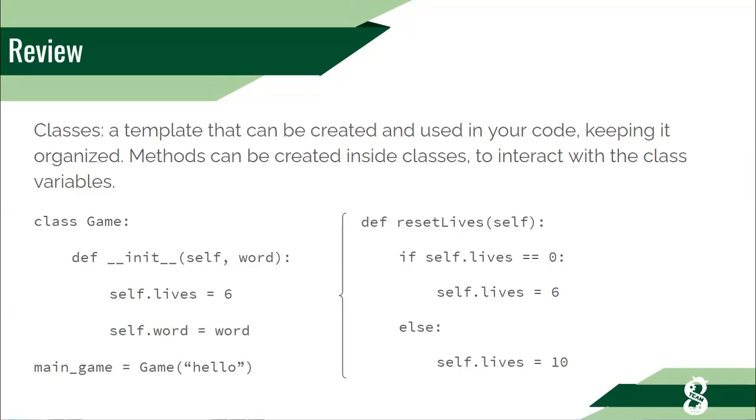Here, we're editing the amount of lives left. We're saying, do they still have lives left? If they don't, then we're going to reset their lives to 6. Otherwise, we're going to set it to 10 because they didn't die yet.